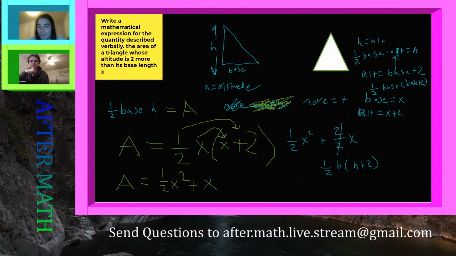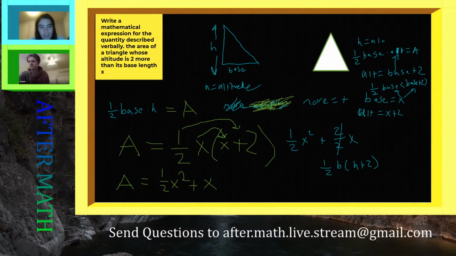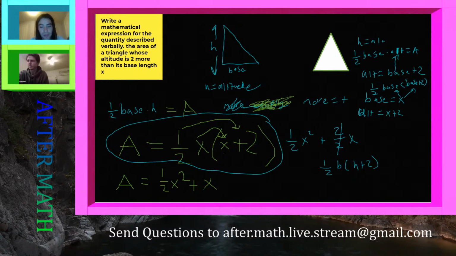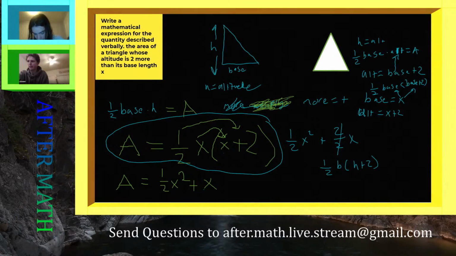And then anywhere that there's base, we plugged in x for base, because it says in the question that the base length is x. So base equals x, and that's where we got this equation right here. And then we simplified it.